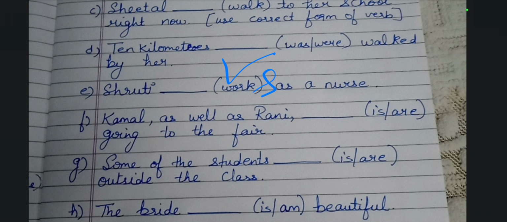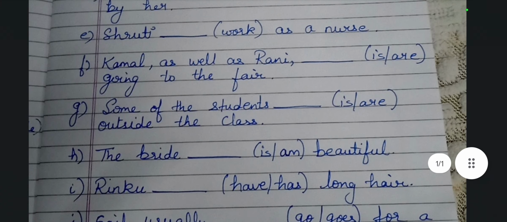S will be added. Next, Kamal as well as Rani dash going to the fair. यानी कमल और उसके साथ साथ रानी fair में जा रहे हैं, मेले में जा रहे हैं. Now when you are joining two subjects using as well as. अब यहाँ पे 2 subjects हैं, एक है कमल और एक है रानी. ये 2 लोग जा रहे हैं और कहाँ जा रहे हैं?